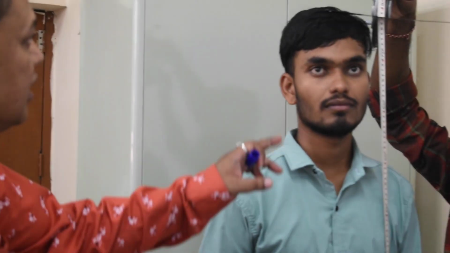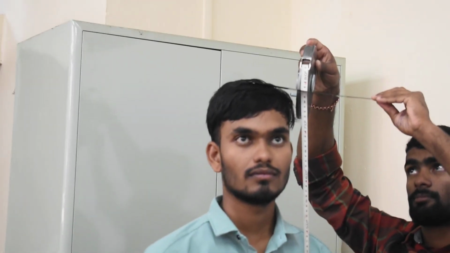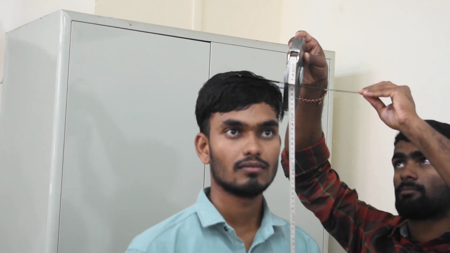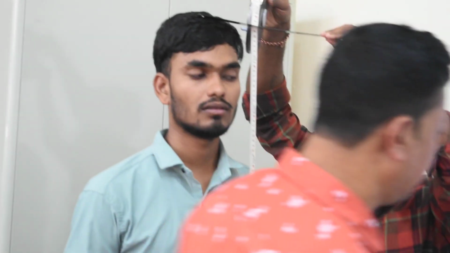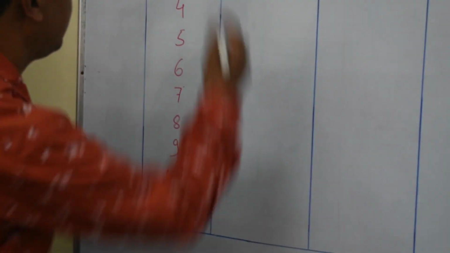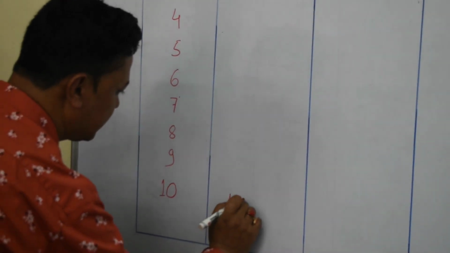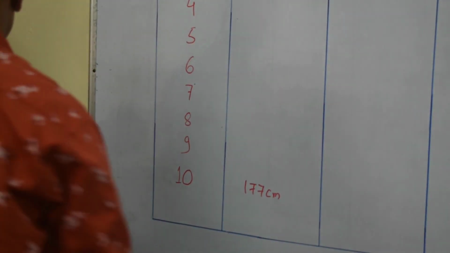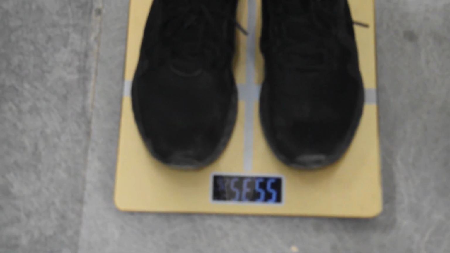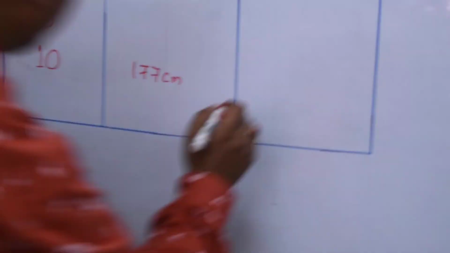Let us record the height and weight relationship. For that we are measuring the height of the 10th roll number candidate of the class, and his height is 177 centimeters. Now let us take the weight of the candidate, and his weight is around 55 kilograms. So I write 55.